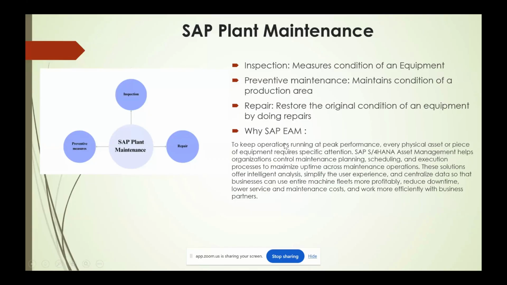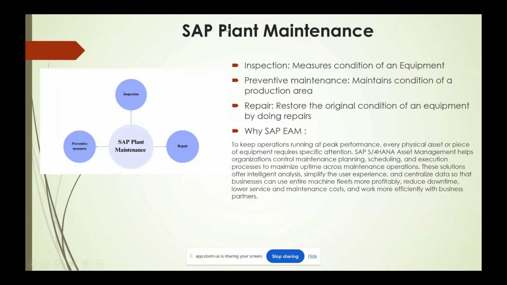Now we jump into our plant maintenance module, or you can say enterprise asset management module. Before going to why EAM, what is EAM? What is plant maintenance? Why was this name changed to EAM? In ECC, SAP named it the plant maintenance module.